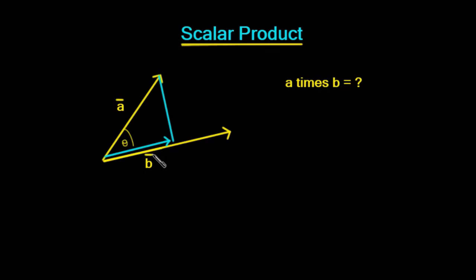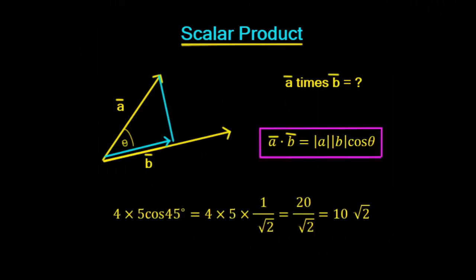So we're going to multiply A cos theta with the length B. Let us go ahead and write that out. In order to do this scalar product we have to take the length of vector A in the direction of B. The length of vector A is written with the two little lines around A. Cos theta will give us the blue length here, and then we multiply it by the length of B. So we'll get A dot B, and this dot here is a special dot.